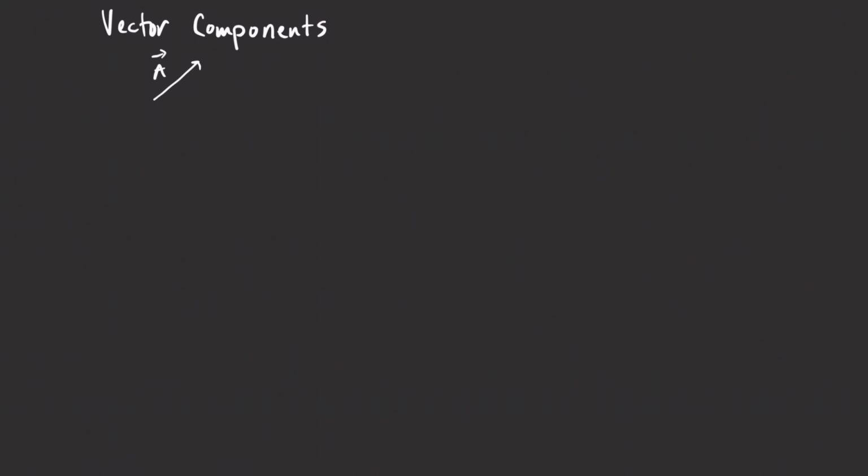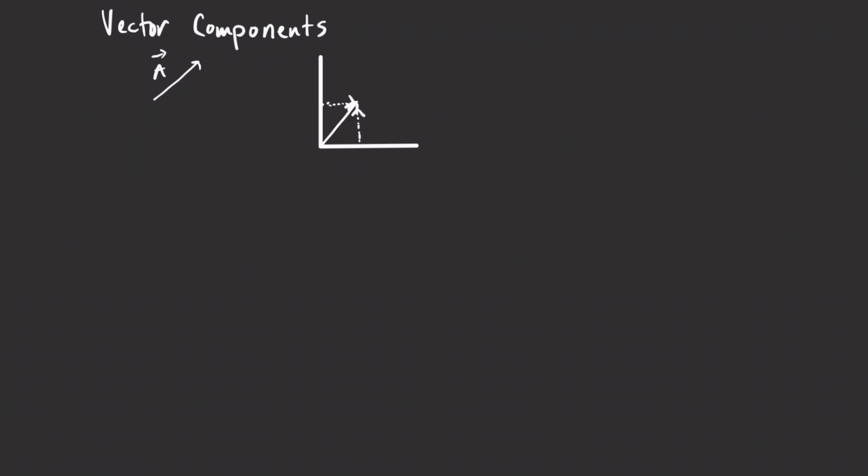So I think the best way to visualize this is if I go ahead and draw a graph. And let's say we have a vector that looks like this. What this really is a sum of a horizontal vector going like this and a vertical vector going up like this.